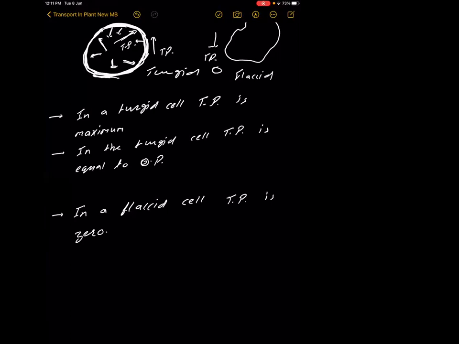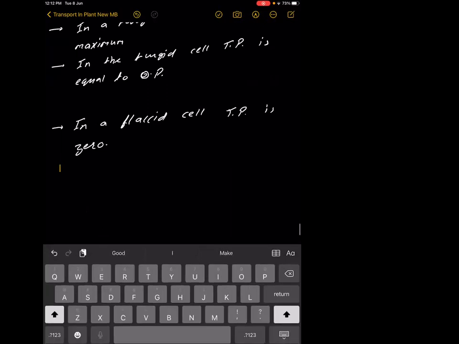I explained this one. OP is the power of absorption of water. Now osmotic pressure becomes equal to turgor pressure. It means now there is no chance of entry of water. This is a completely turgid cell.